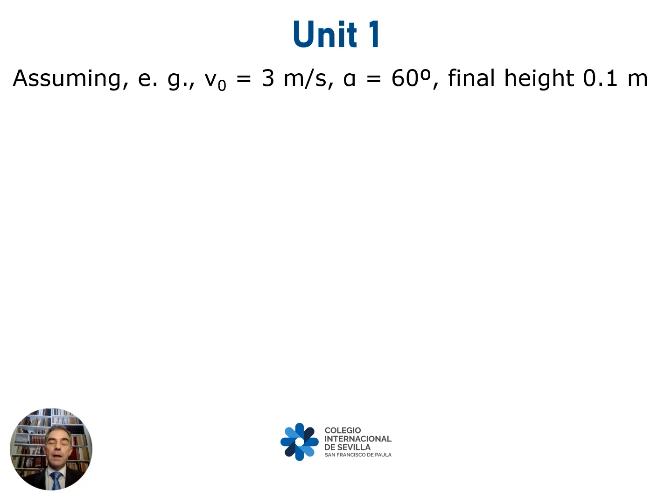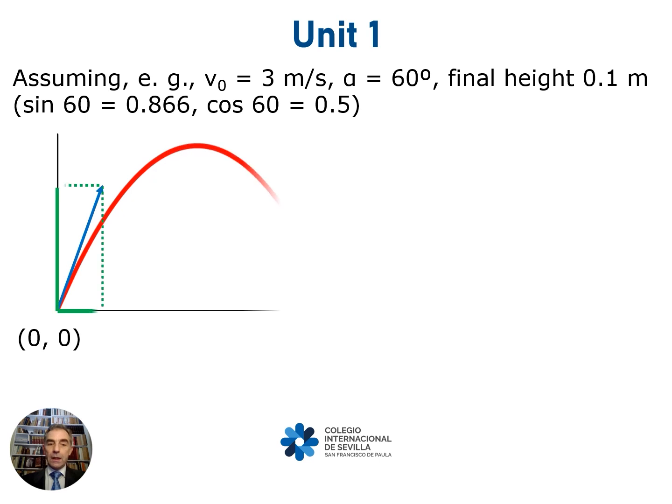We remember, as we saw it in the previous lesson, that the sine of 60 degrees is 0.866 and the cosine is 0.5. We draw our scheme. We see that the jet ends above the origin, and those are the 10 centimeters, the 0.1 meters. Let's start calculating the components of the initial velocity.